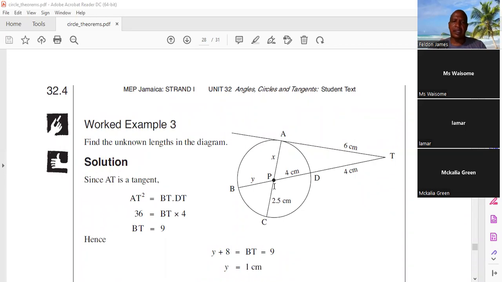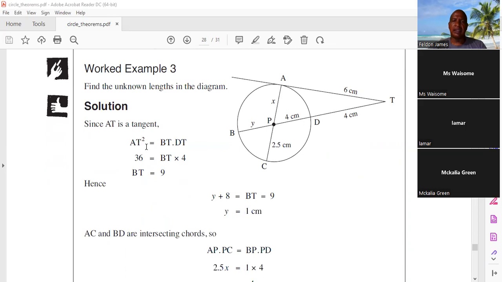All right. You did get this formula. Remember, we say that this is a secant. If we use this as a secant here, this secant starts at B and it ends at T, right?